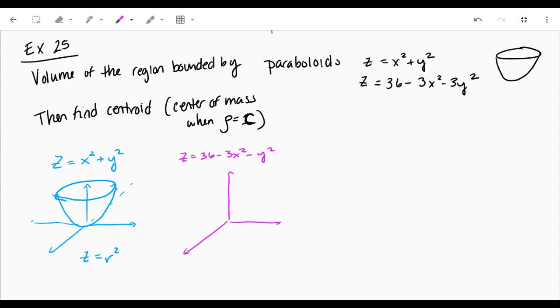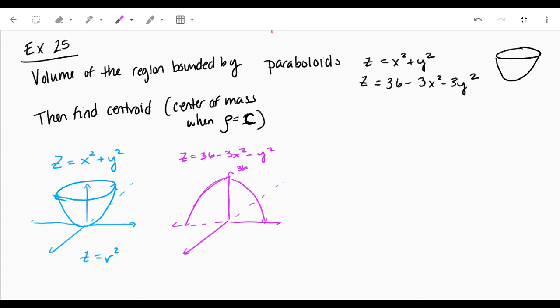If x were 0, then we'd have z equals 36 minus y squared, which is a parabola that opens down, but it's way up there with a y-intercept of 36.